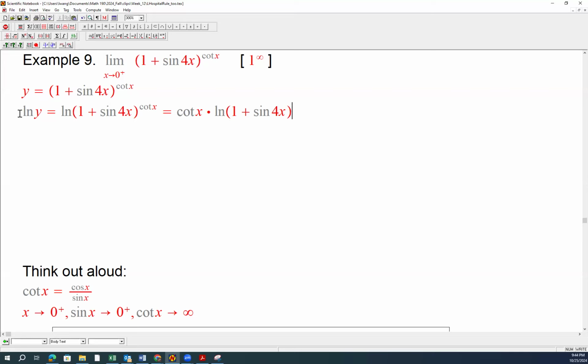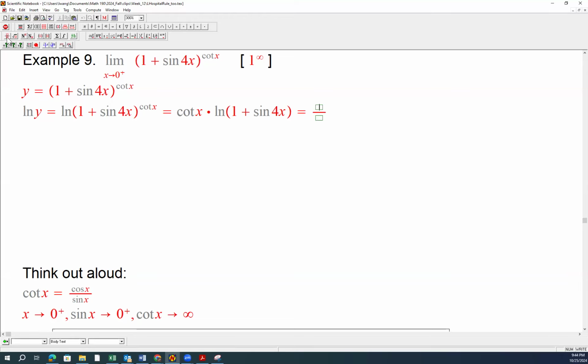The left-hand side is ln y, but on the right-hand side we want to create a quotient form, because we might be using L'Hopital's rule. So how do we create that quotient form? We know that cotangent is the reciprocal of tangent.